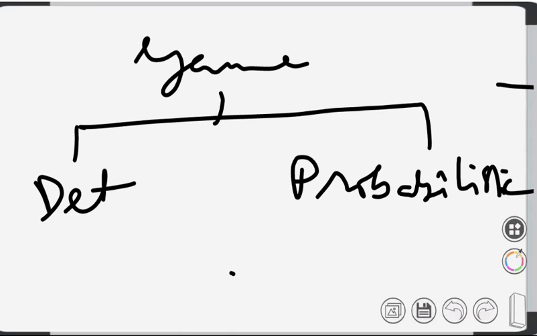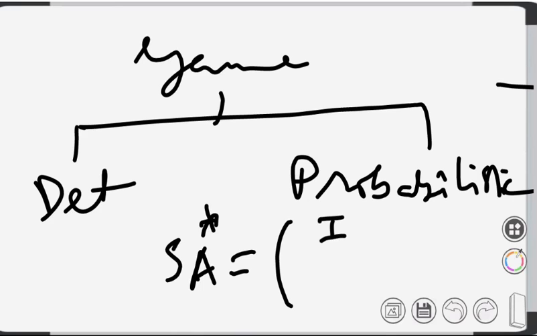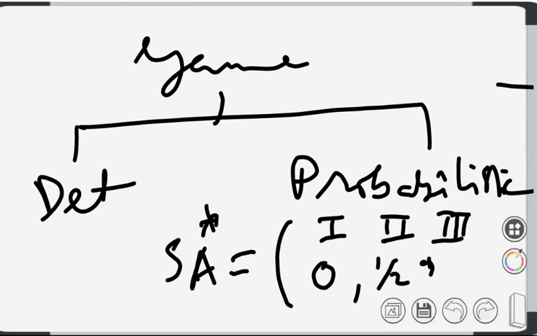Let me give an example. Suppose I write A star. What is A star? The strategy of A; star means optimum. Say A has three strategies, 1, 2, and 3, and I write 0, 1/3, and 2/3. That means the optimal strategy of A is that if the probability of A1 is 0, he will never play strategy 1.